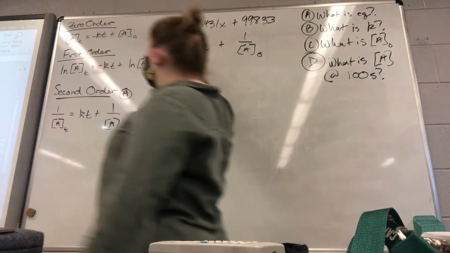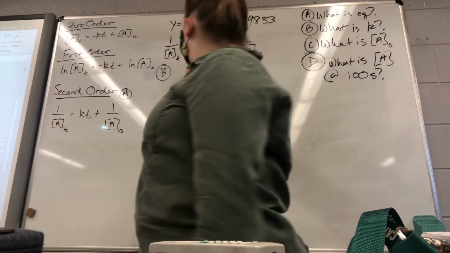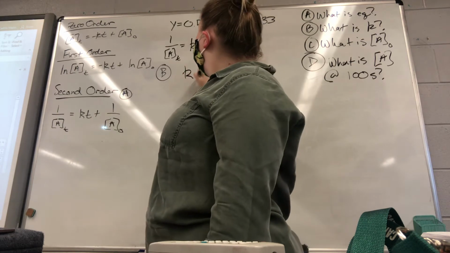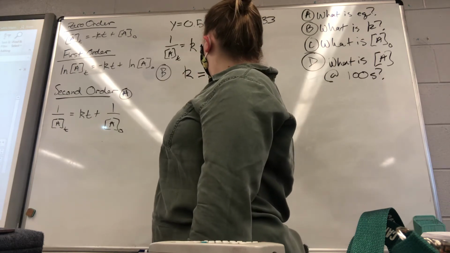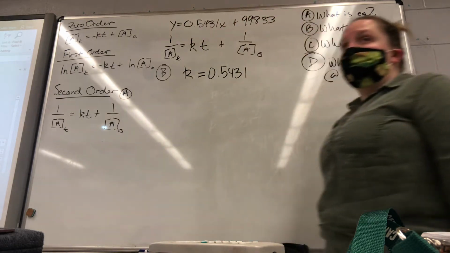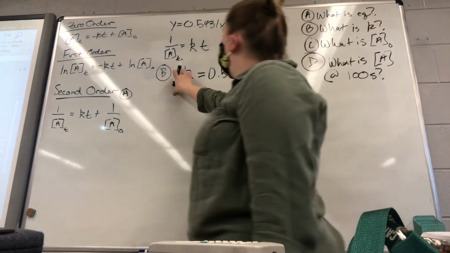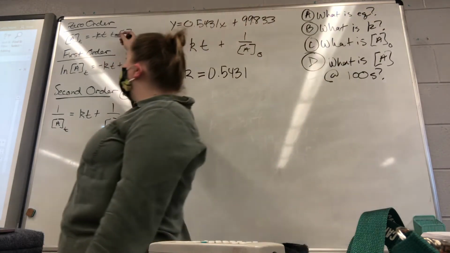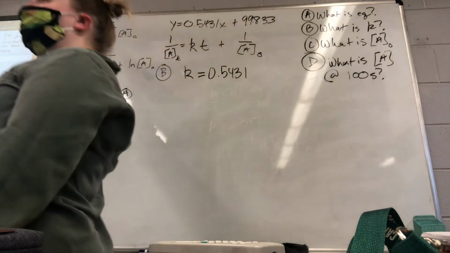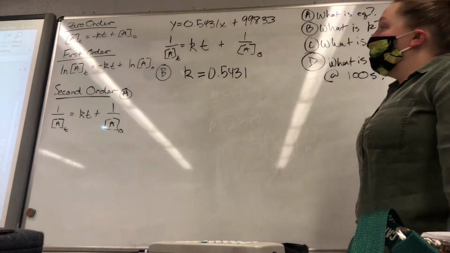Well, in this case, a second order reaction has a positive slope, so I can just plug K into whatever the slope is. I don't have to manipulate it. Remember that first and zero order reactions have negative slopes, so yeah, you do have to plug the negative in and then cancel them out.